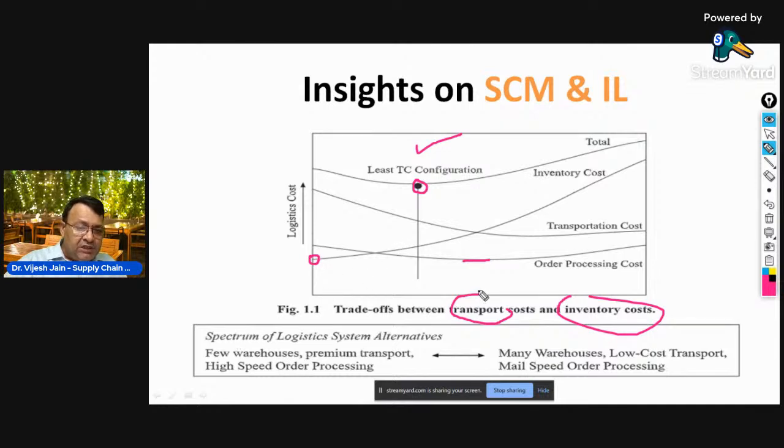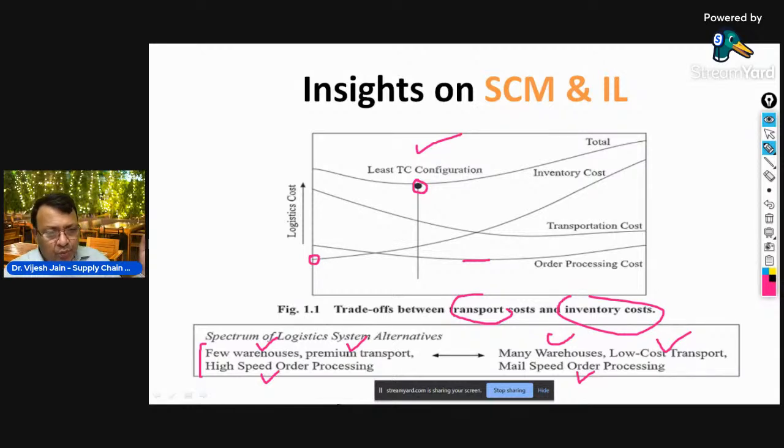So this spectrum of logistic system alternatives which I'm talking about varies from few warehouses, premium transport, high speed order processing, to many warehouses, low cost transport, and low speed order processing. So logistics cost in this spectrum would be different if we have these approaches of the nature of the warehouses, the nature of the transport, and the speed of order processing.